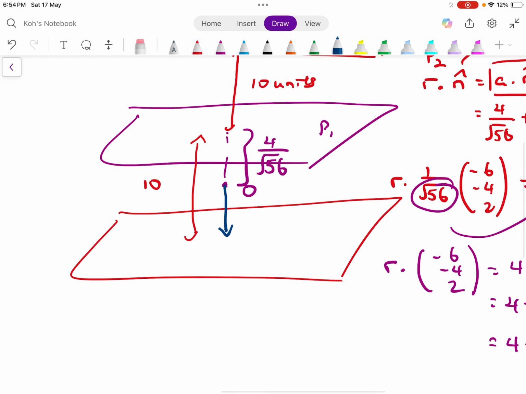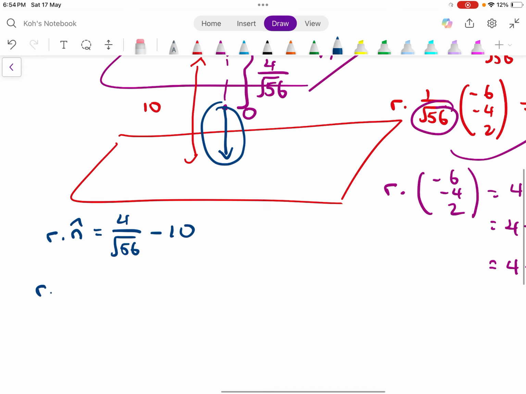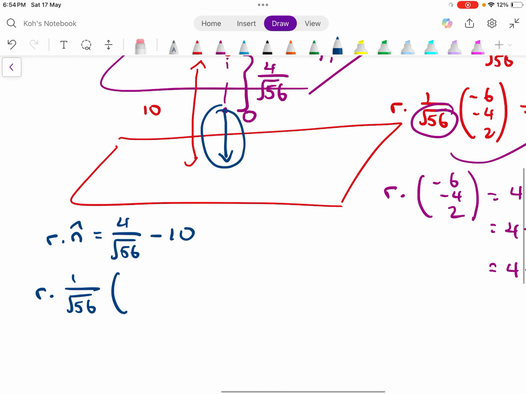So this one you can put r dot n hat equal to 4 over square root 56 minus 10, because this one is like a negative distance. So this will give you r dot 1 over square root 56 times (-6, -4, 2) equal to 4 over square root 56 minus 10.